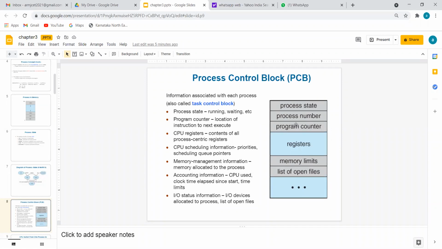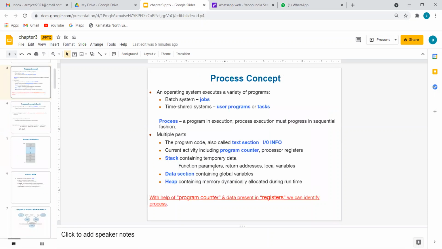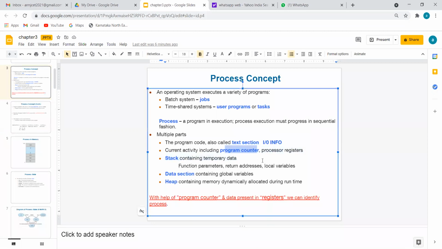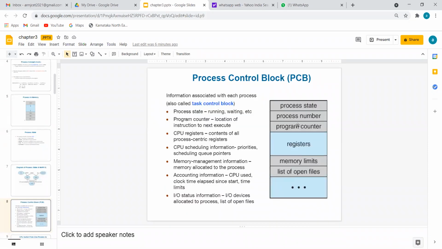When the program counter points to it, then the process will start execution. Here is a data structure related to the program counter, explained in blue color: the program counter points to the next executable instruction. That is also important when we store a control block about a process.